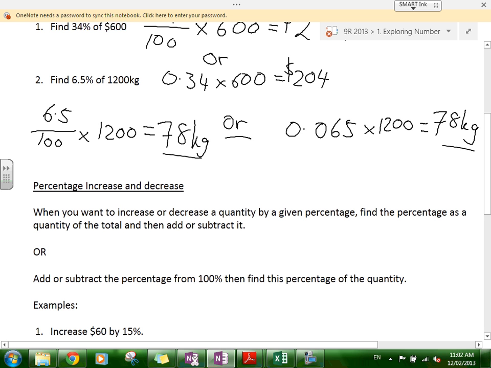So you can go and find 85% of that quantity straight away without finding 15% first and then subtracting it. One is two steps, the other is one step, as long as you know what you're doing. This second method takes a little more confidence in knowing what percentage is about. The first one is much more straightforward. Either way, use the one you're comfortable with.